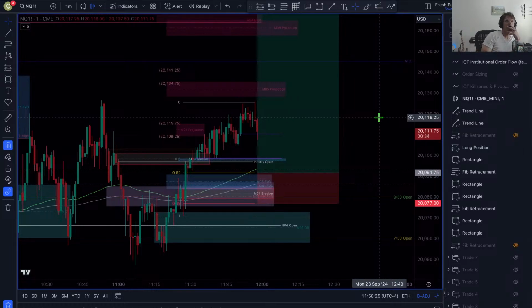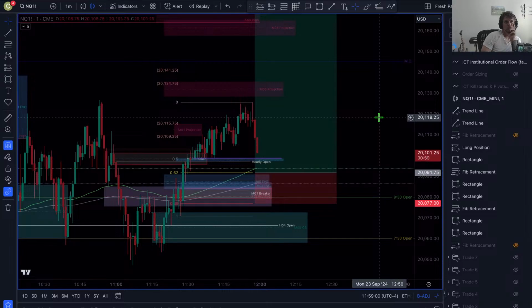This could be the pullback. There's a liquidity sweep.